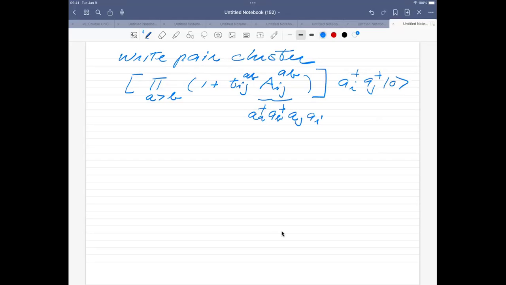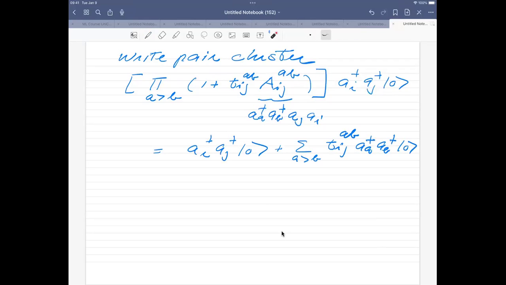It's pretty easy to see that this is going to be a_i† a_j† acting on the true vacuum state, plus a sum over all these terms, a larger than b, with these undetermined amplitudes, multiplied with a_a† a_b† acting on the vacuum. So what happens now is that we have performed the contractions between these states.